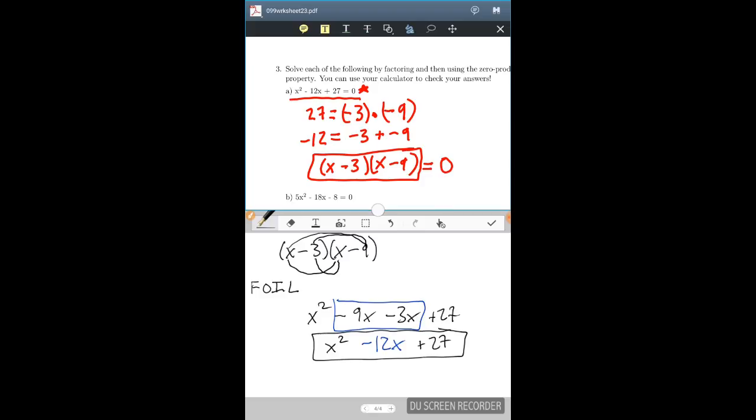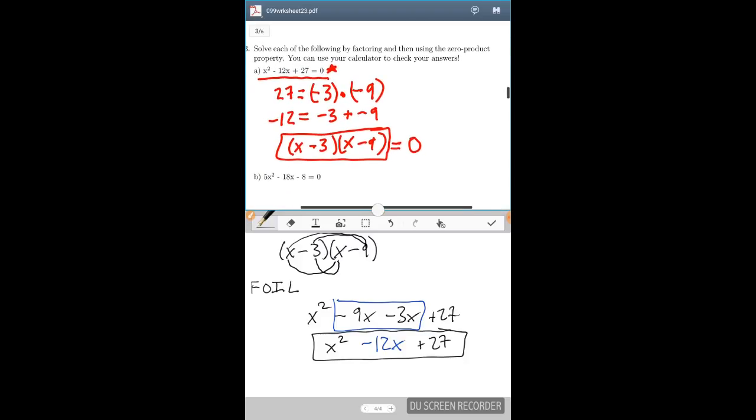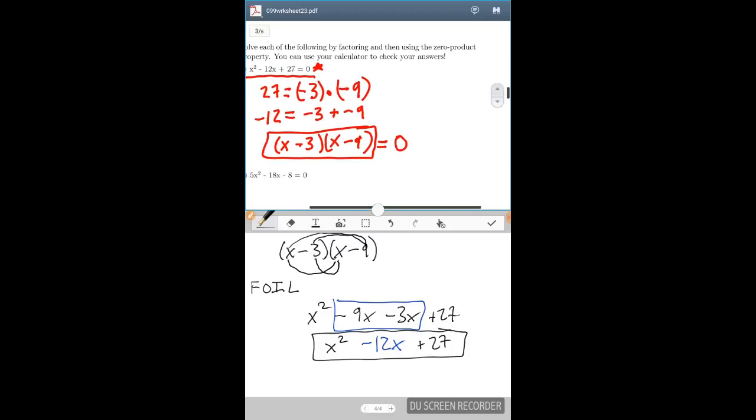So we did it. We factored correctly. So, are we done here? Well, not quite. What we have to do here is think about the problem. It says, solve each of the following by factoring. So, we factored it. Good. Done the first part. Then, using the zero product property, we can solve.